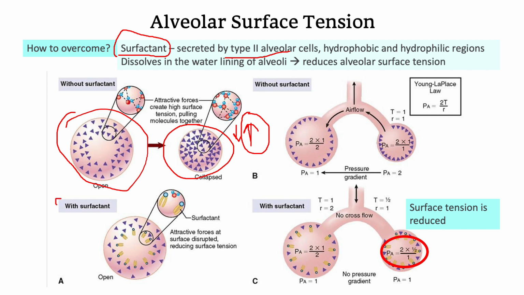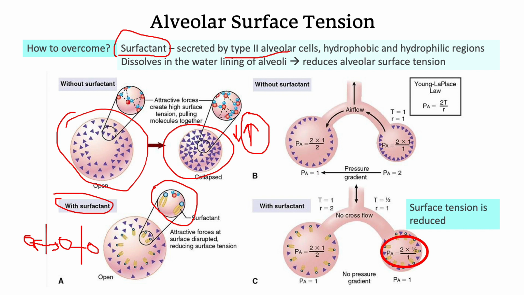But with surfactant, what happens is surfactant is secreted in the lungs itself, and it will insert itself in between the water molecules. If you can see in the picture here, it is inserted in between the water molecules. Let's say here, water molecule, water molecule, water molecule. When we put surfactant here, actually we are breaking the bond between the water molecules.